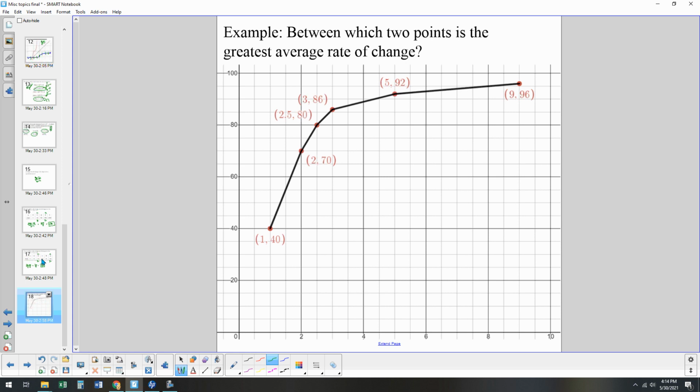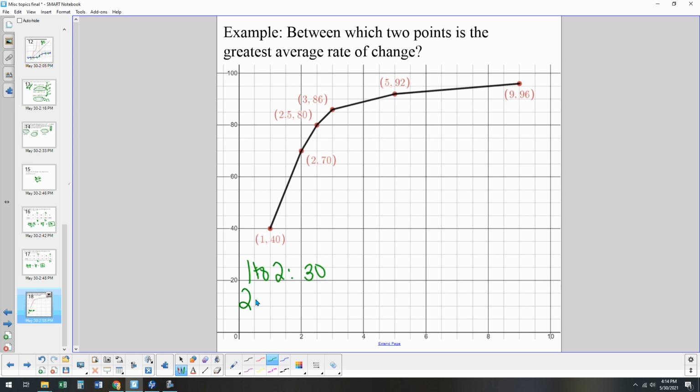I could find the average rate of change not just from a table, but also from a graph. So they want to know between which 2 points is the greatest average rate of change. So really, you would find the slope between every pair and compare those. So between 2 and 1, it's 70 minus 40 over 2 minus 1, so 30 over 1. 1 to 2, 30 over 1 is 30.